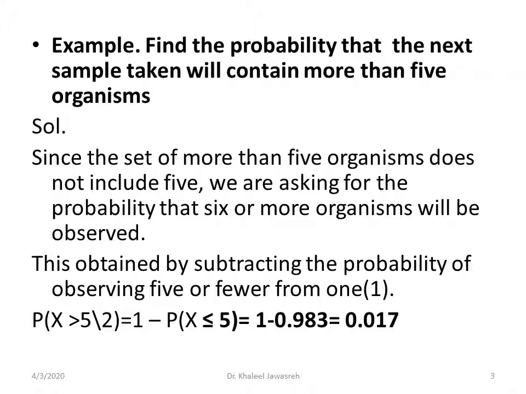You can also calculate it yourself using the previous equation with e, lambda, x, and the factorial. So it will be 1 minus 0.983, which yields this value, and this is the probability of observing more than 5 organisms.